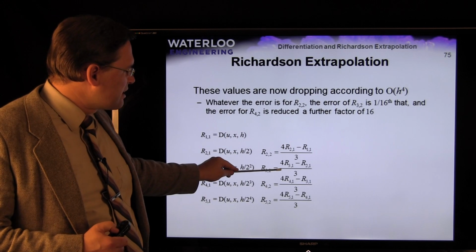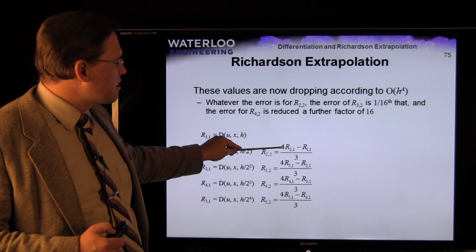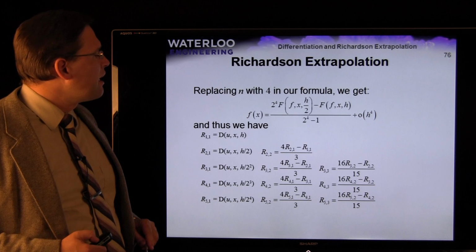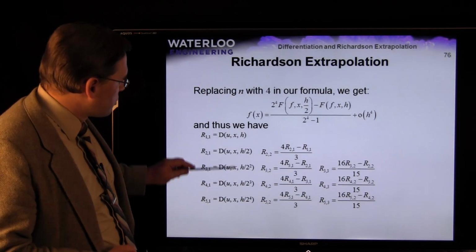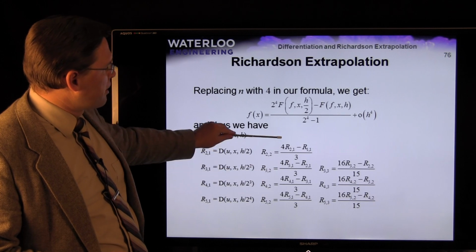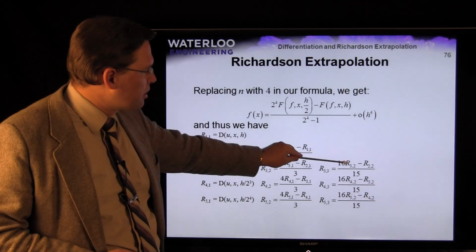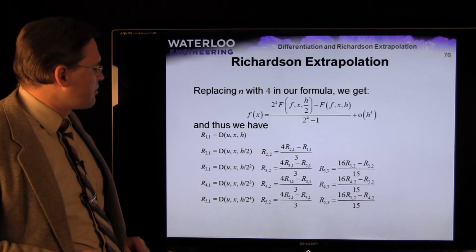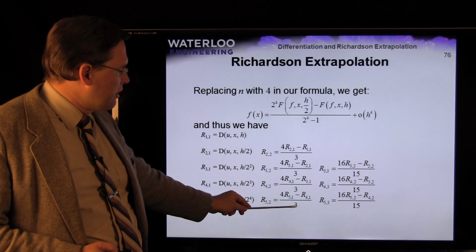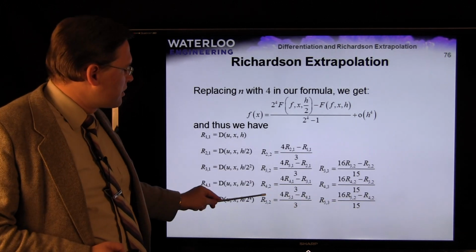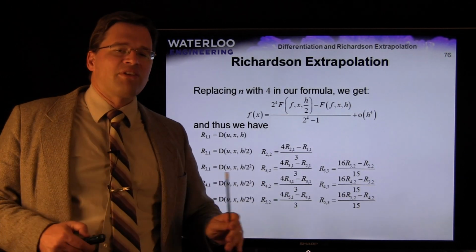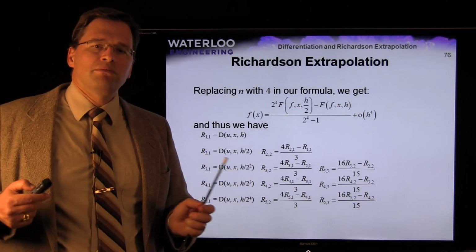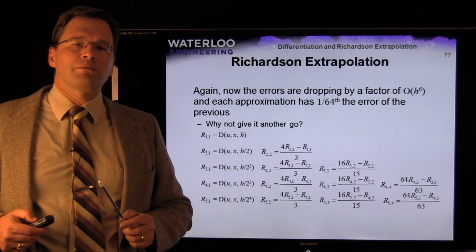So we could take 16 times this, minus that, divide by 15, and now you get an even better approximation. So again, 16 times the better approximation, subtract off the worse approximation, and divide by 15. Even down here, 16 times the better approximation minus the worse approximation, divide by 15, gives you a better approximation.